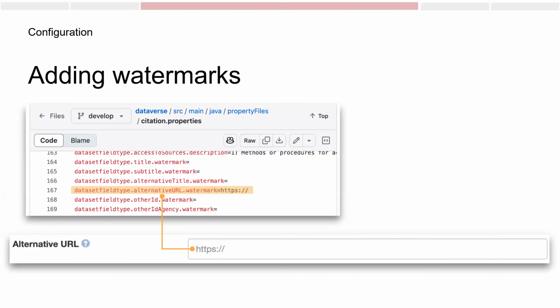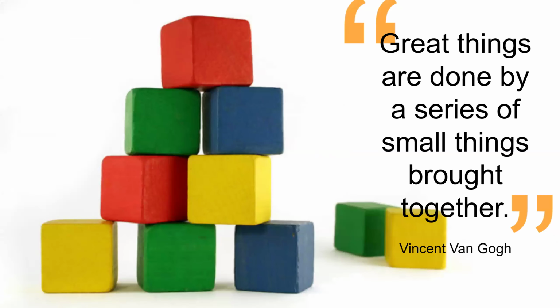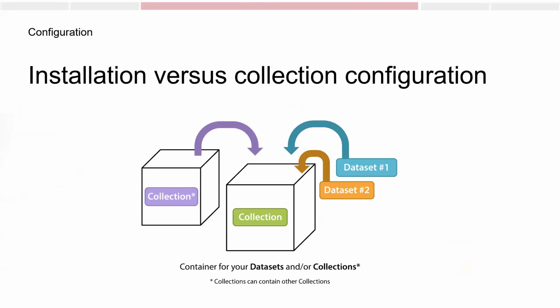Okay, so those are really easy changes to make. The next changes, we have to introduce some more concepts for Dataverse. And I have this little building blocks thing. So the first concept is, of course, that installations are made up of collections, and each collection can have its own configuration, and that includes how we configure metadata blocks and fields.